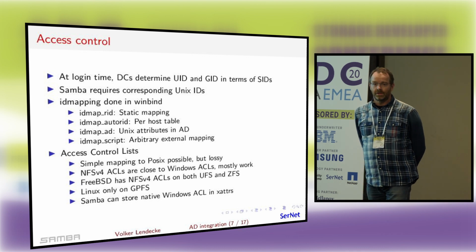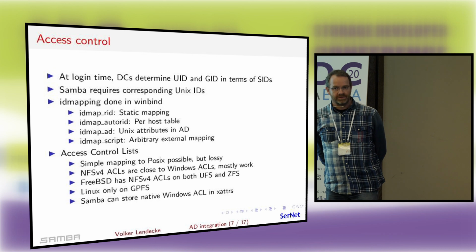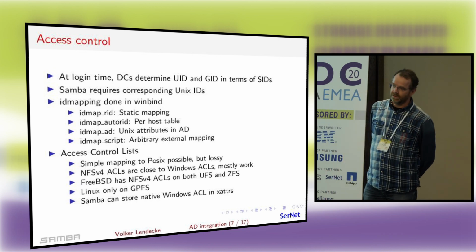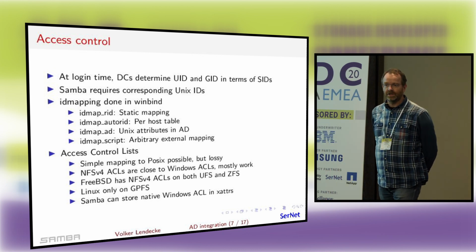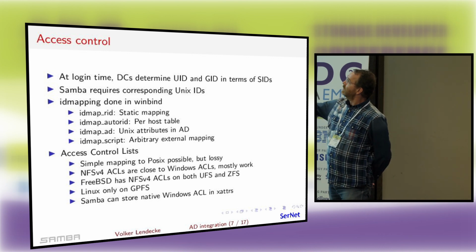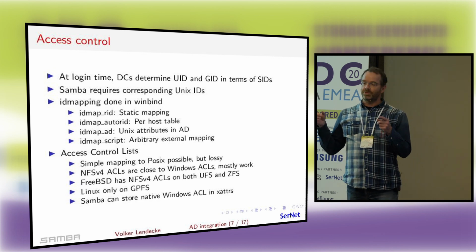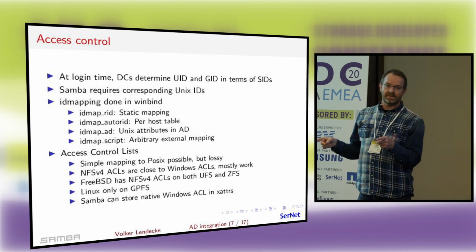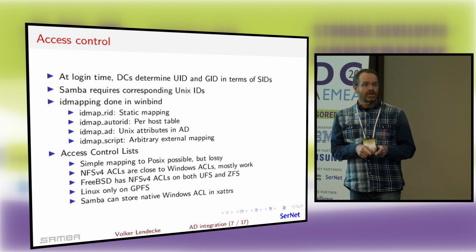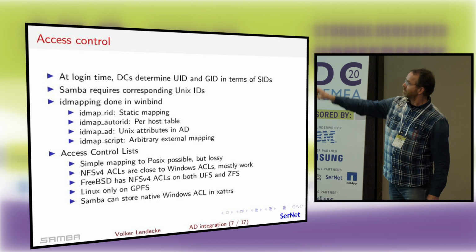And on Linux, typically you only have 32-bit. Also, most file systems in the Linux world just store 32-bit identities for access control. And Winbind then has the task to somehow map this 128-bit user ID space into 32-bit. And it can be done in a few different ways.